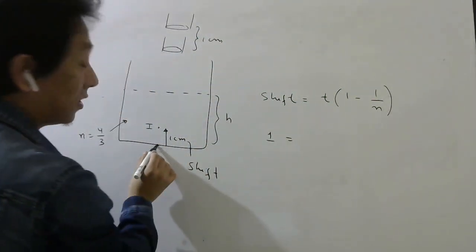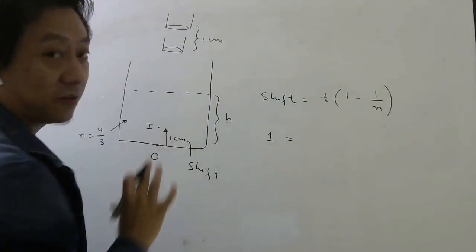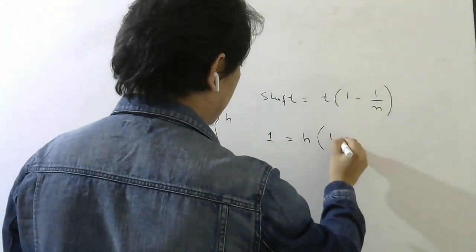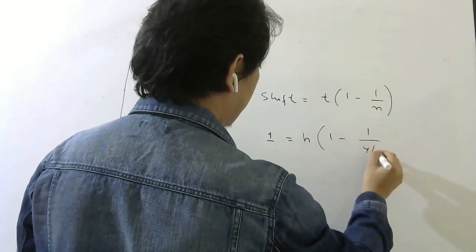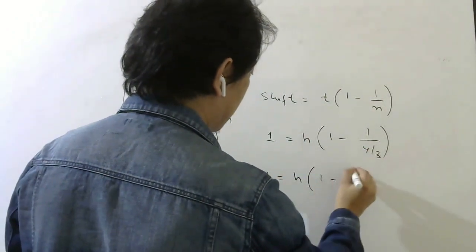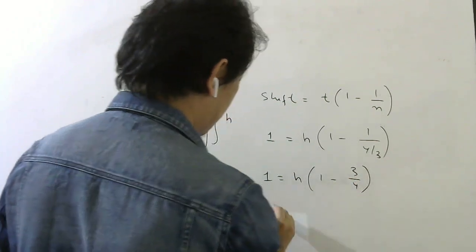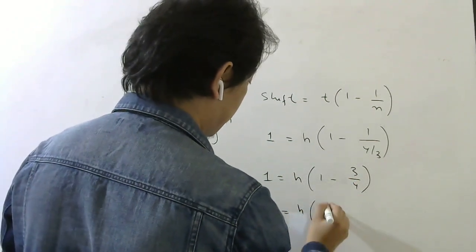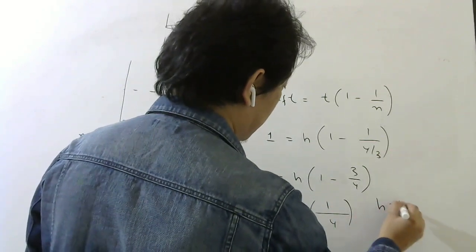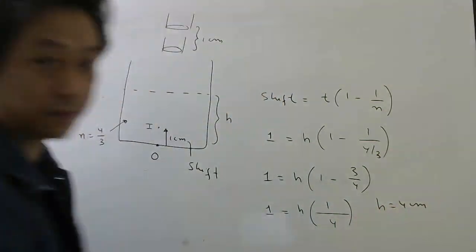Because the object is here, remember. So this is the thickness of the glass slab. So T will be h times 1 minus 3/4. 1 equals h times 1/4. So h will be 4 centimeter. Okay.